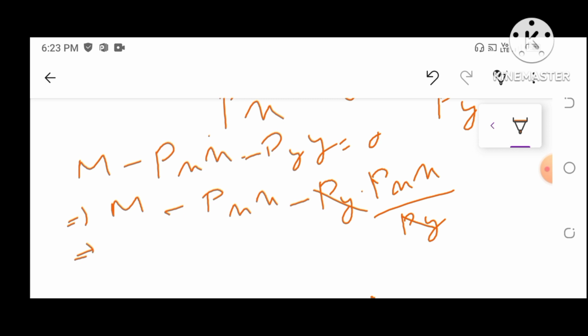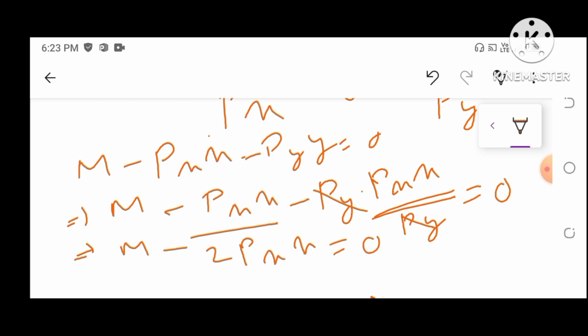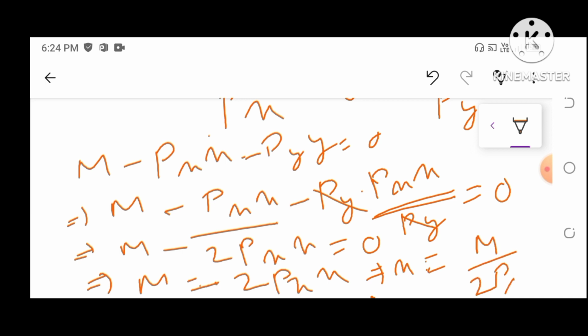That implies m minus 2pxx is equal to 0. That implies m is equal to 2pxx. That implies x is equal to m divided by 2px, which is our Marshallian demand function for good x.